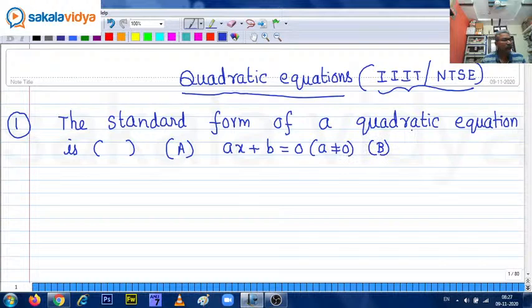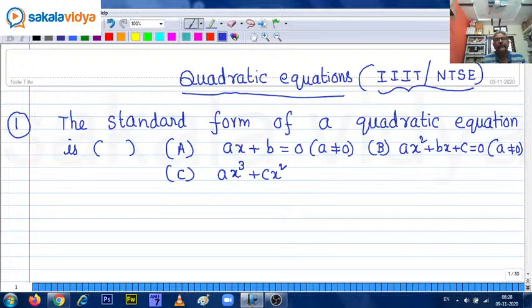Option B, ax square plus bx plus c equals 0, a not equal to 0. Option C, ax cube plus cx square plus dx plus e equals 0, a not equal to 0. Option D is none.